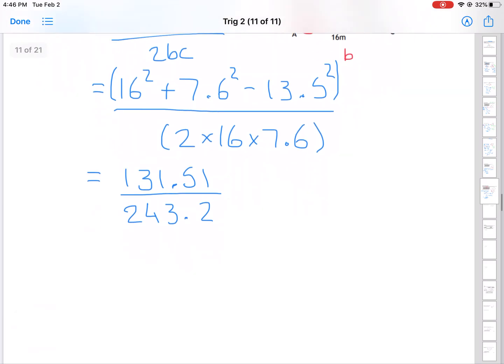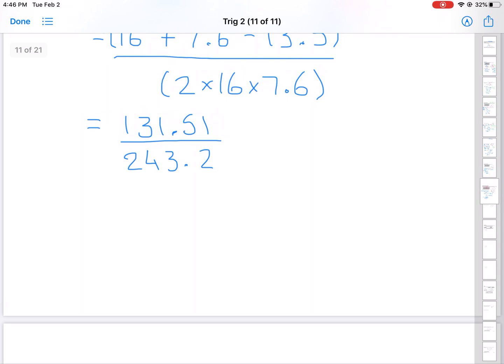Then I will perform the division calculation and get a decimal out of this. So that gives me cos A, 131.51 divided by 243.2 equals 0.541 to 3 decimal places.